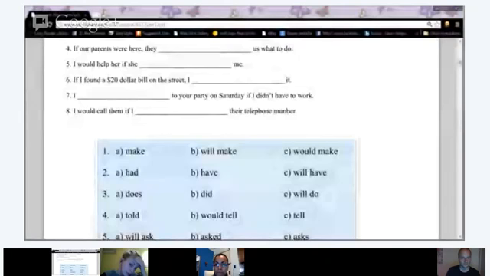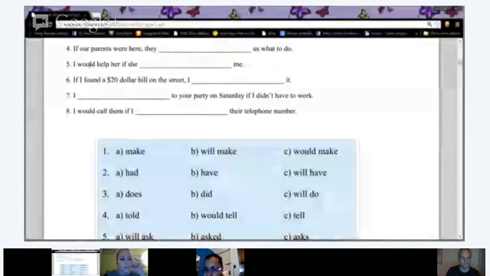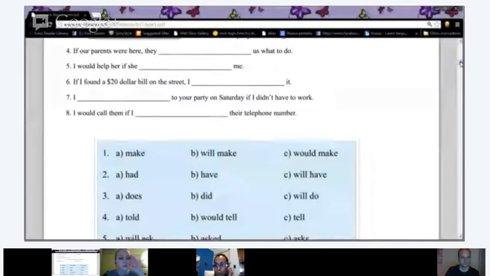Number 5. I will help her if she will ask me. No, if she asks me, I will give her. If she asks me, letter B. Okay. And we want to use simple past for number 6.